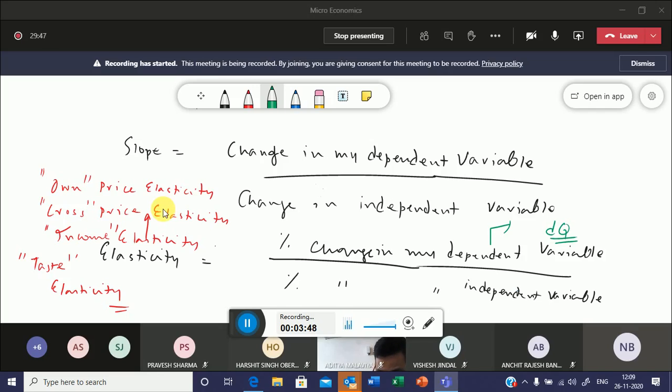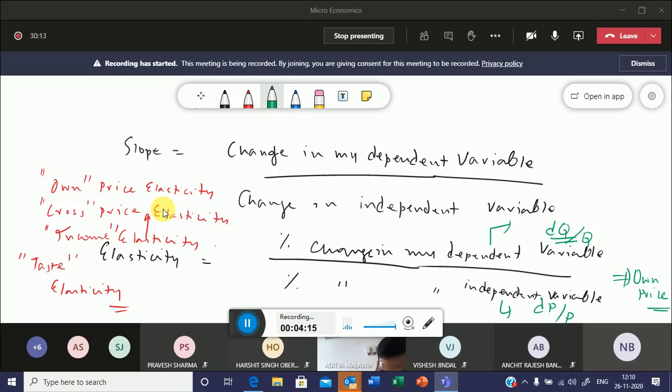The only thing which is changing is the independent variable, or denominator. So if I am looking into dQ over Q by dP over P, this becomes my own price elasticity, right? Basically, if the price of the good changes, in what proportion is the demand for that good changing?